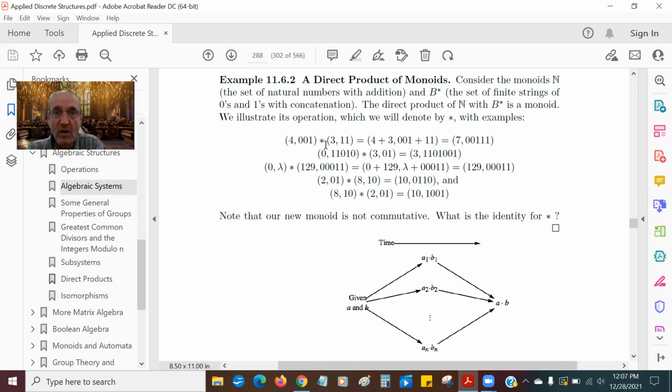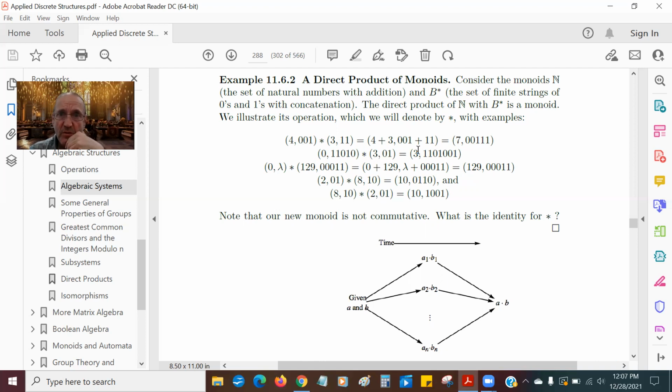So 4 star, 4 comma 0, 0, 1 star, 3 comma 1, 1 winds up being 7 comma 0, 0, 1, 1, 1. And 0 comma, now this 0 is the number 0, and this here is 1, 1, 0, 1, 0. It's just a string of ones and zeros. Star 3 comma 0, 1.